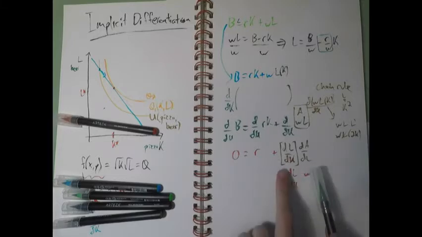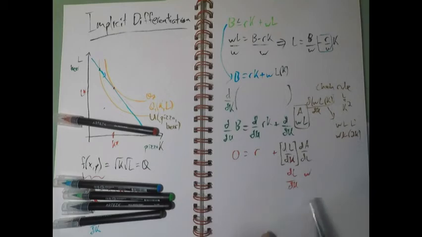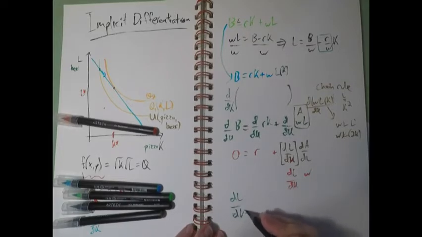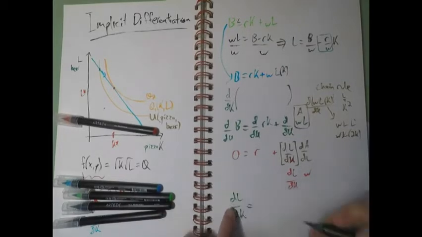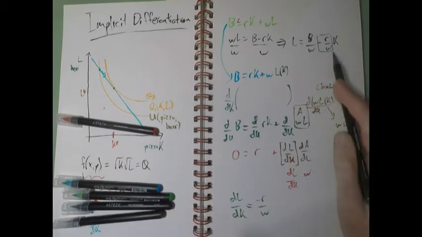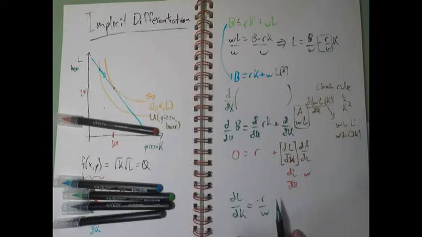The order is not the usual chain rule order, but 3 times 2 is the same as 2 times 3. So dL/dk and W, we want to isolate this and solve for it. So how's that going to shake out? We're going to have dL/dk equals, let's subtract R, and then we divide by W, and hey, check it out. We got exactly what we expected.